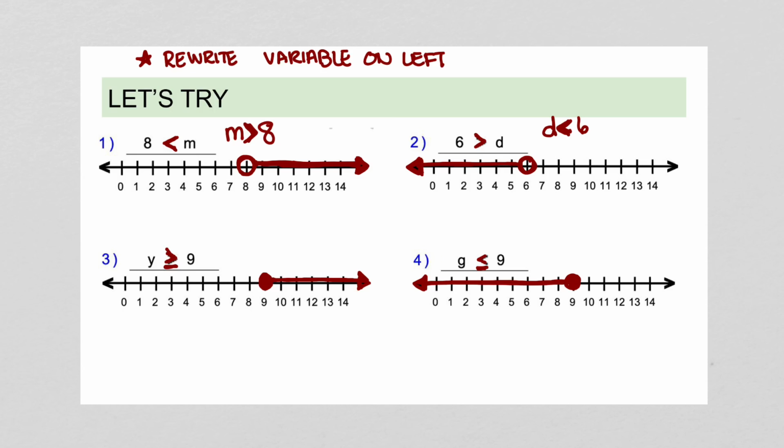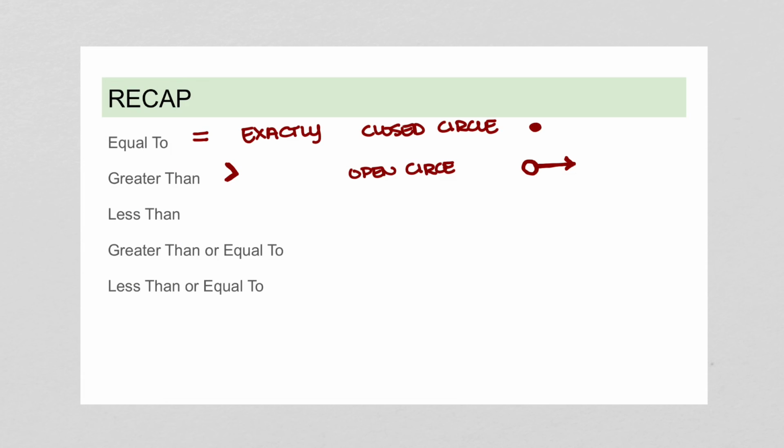That will always work, that it'll point the direction you're shading if your variable is written first on the left side. Now, if we just read it the way it is here, where we said 8 is less than m, well, it kind of looks different. We may not get that same intuitive sense that what we're really doing is shading a number that's greater than. So it's just easiest if we put the variable on the left. Okay, now back to that.